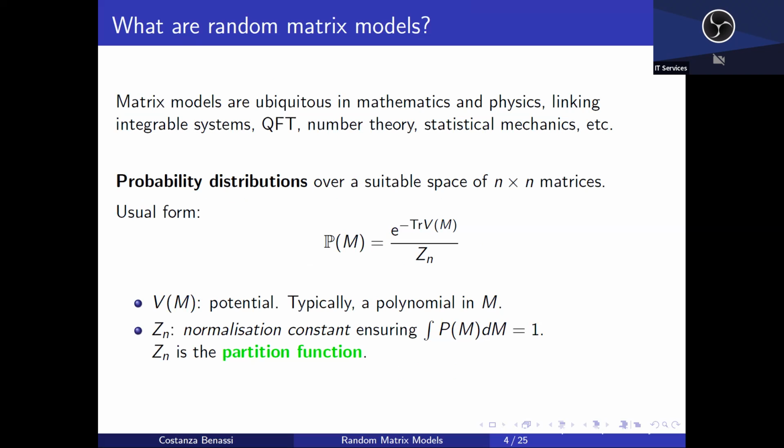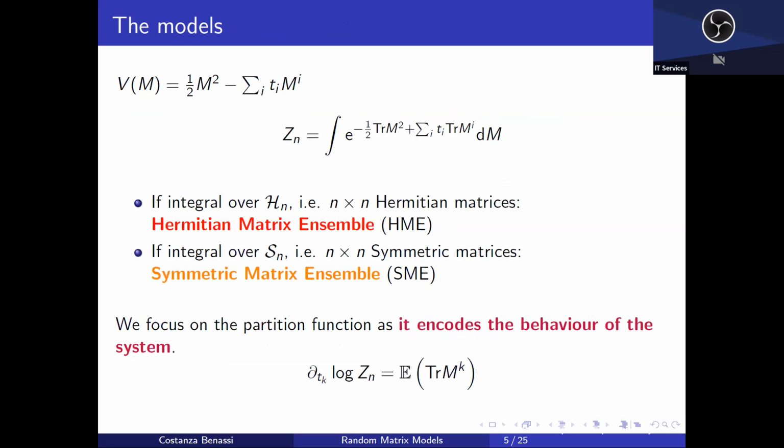And we're going to look at cases where this potential is actually polynomial. All right. And Z here is just a normalization constant that ensures that this measure is actually a measure, so that it integrates to 1. And this Z is the partition function. So the models that we have in mind usually have a potential of this form.